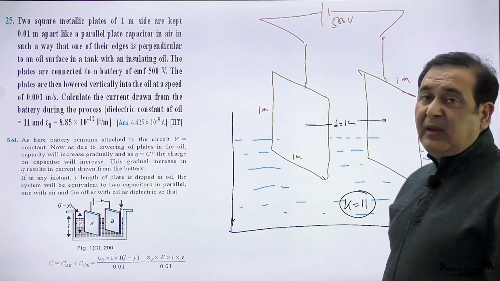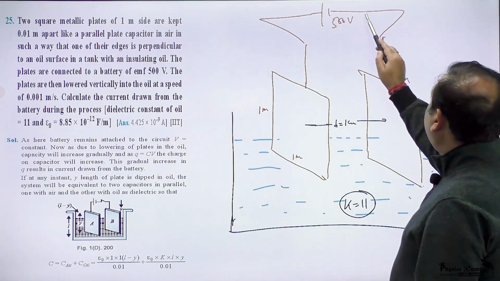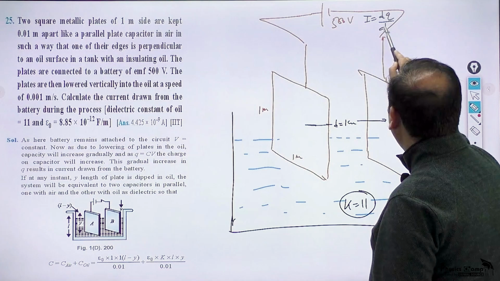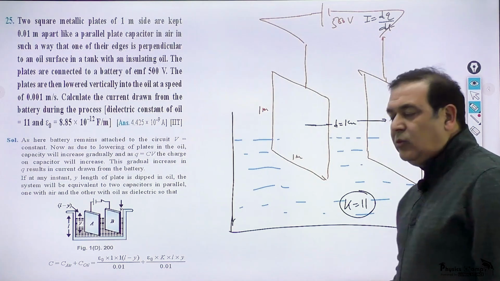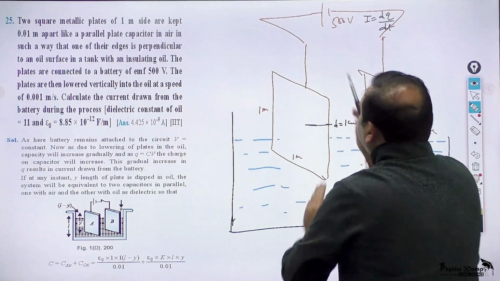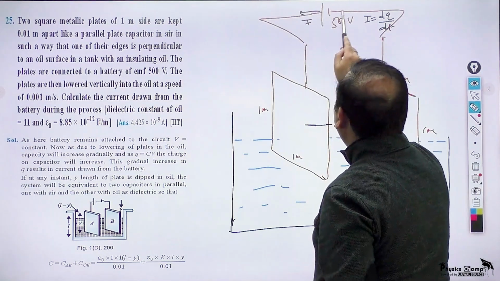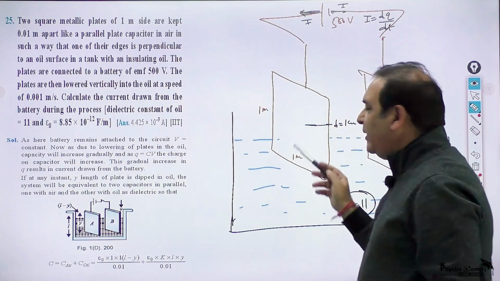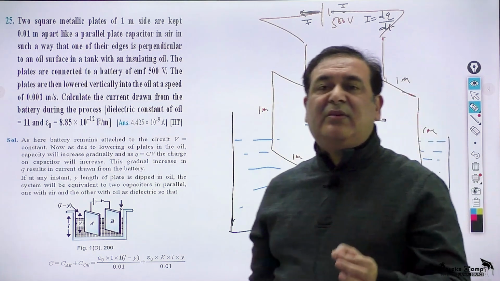So, I know one thing, that is, current is dq by dt. If I am interested in how much current will be drawn from the battery during the lowering of these plates, I need to first get the instantaneous charge on the plates.